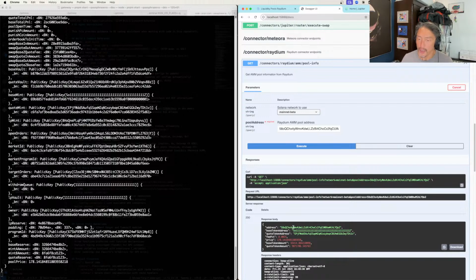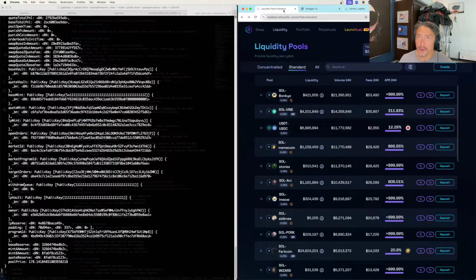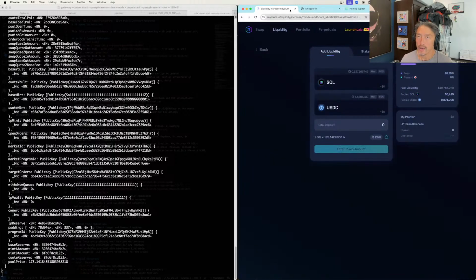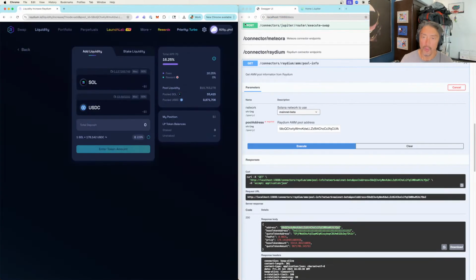This pool is, here we go, basically the same one that we just fetched info for using the gateway pool info command. This one takes a network and pool address and provides you with the current information about the fee, the price, and the amount in the reserves. You can see that this number matches what's in here.